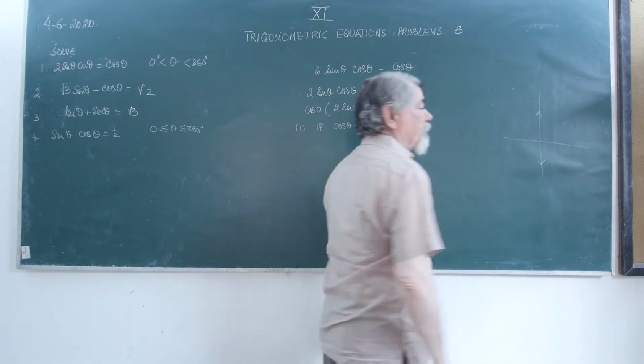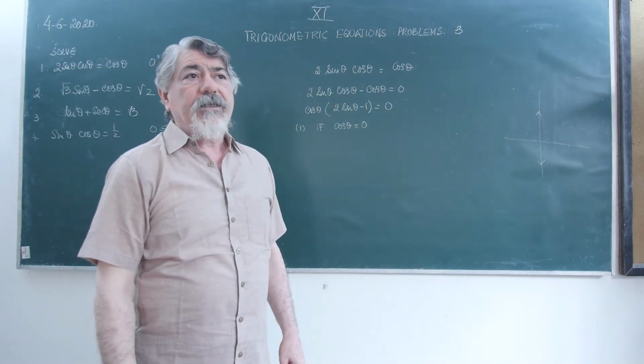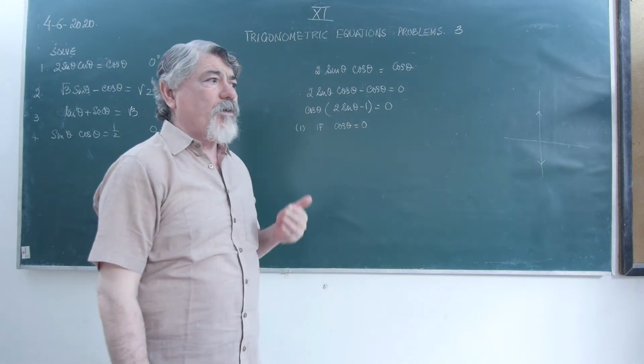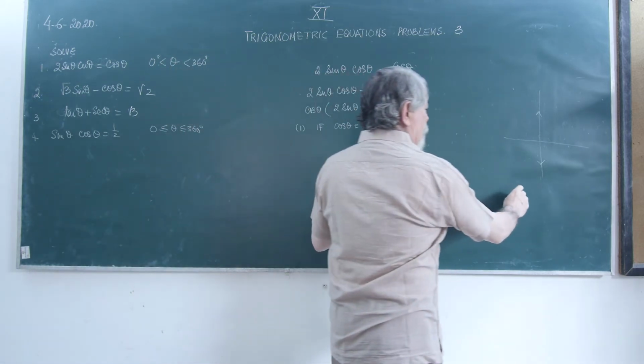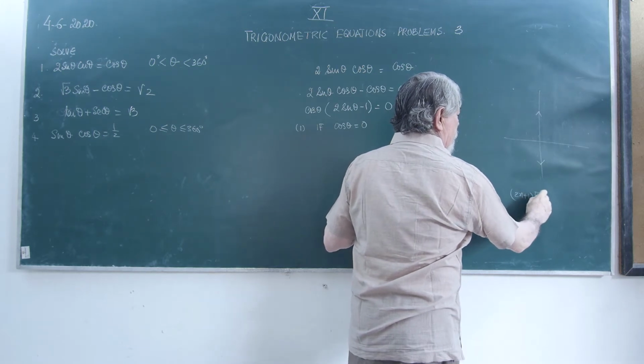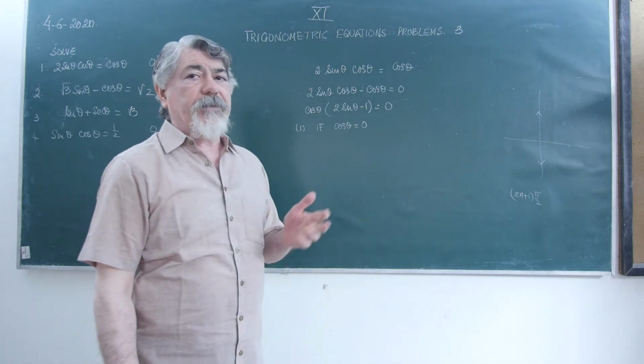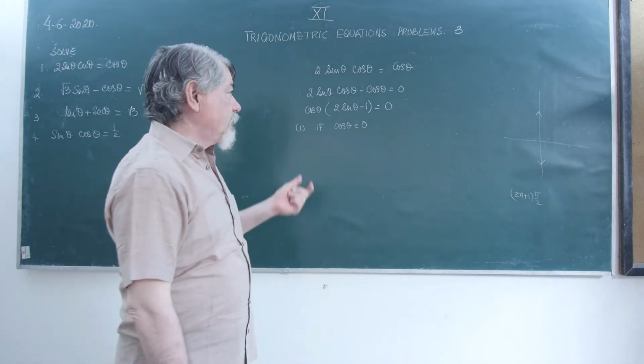When theta lies on the y-axis, cos theta will always be 0. Odd multiples of pi by 2, that is 2n plus 1 pi by 2. Cos of 2n plus 1 pi by 2 will always be 0.